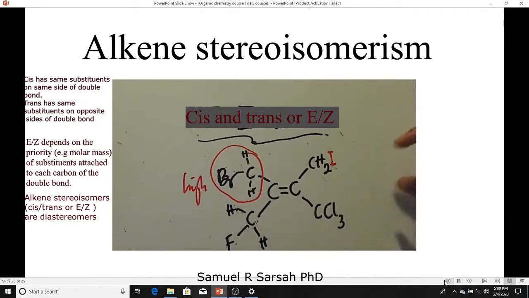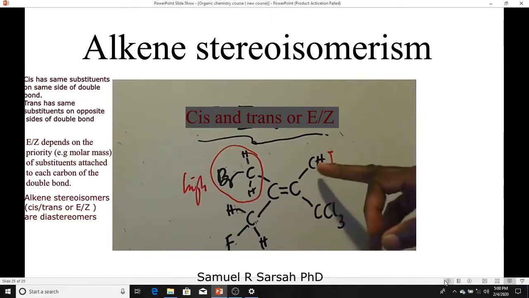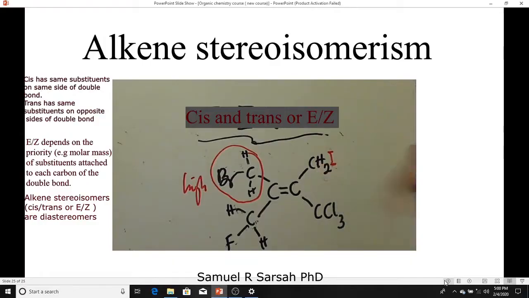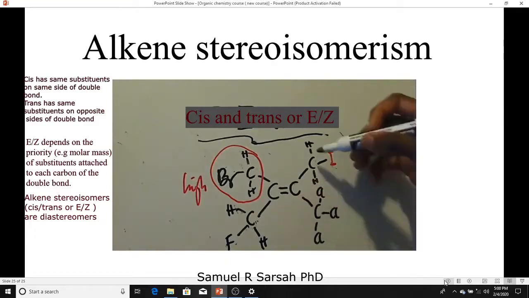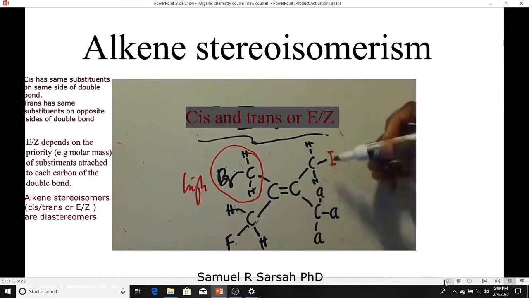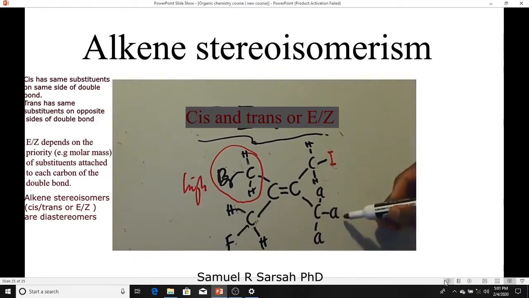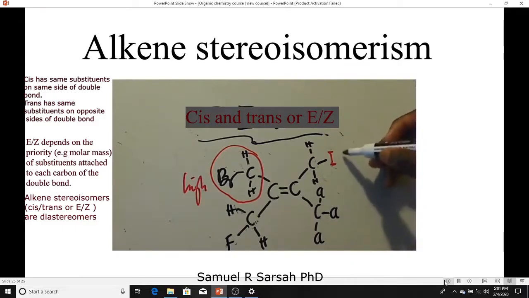Now again we have this situation. We have CHI, I stands for iodine. Now this one we have C. So this carbon and this carbon are the same element. This carbon is bonded to chlorine and 2 other chlorines, but this carbon is bonded to iodine.